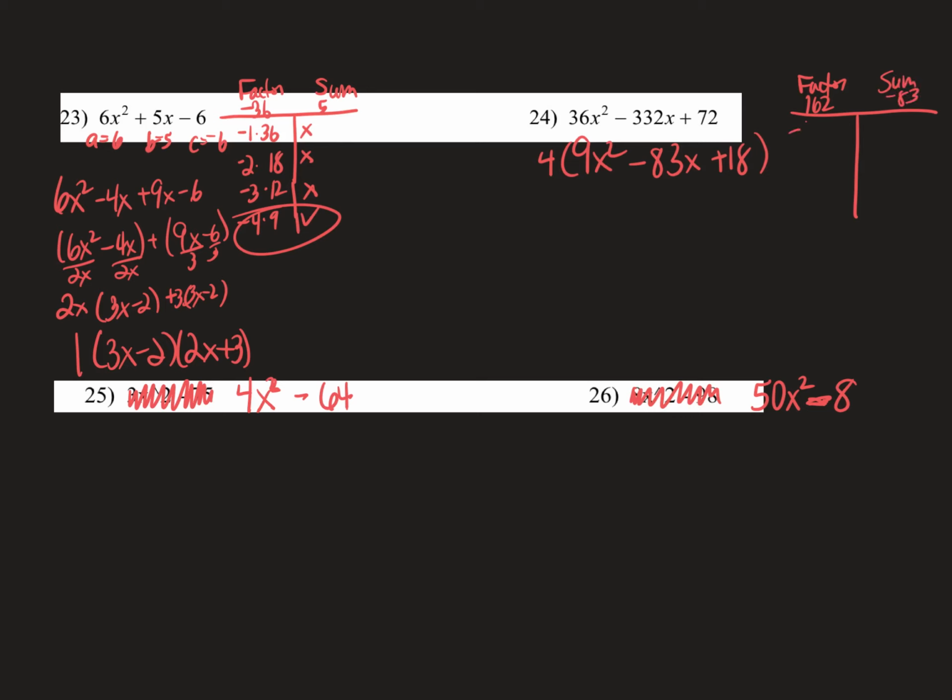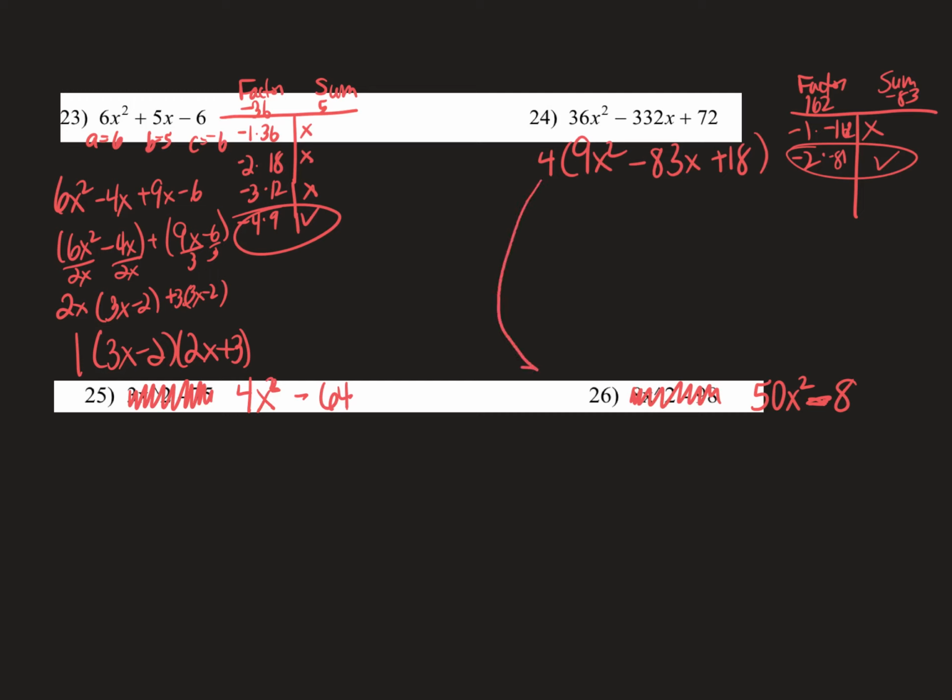So 2 negatives, and that's not it. Negative 2 times negative 81. That is it. 81 plus 2 is 83. So these two are what works.